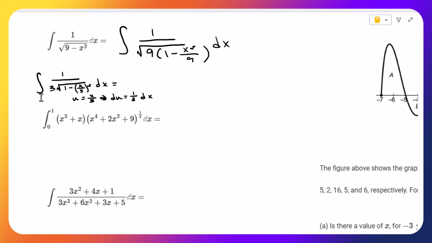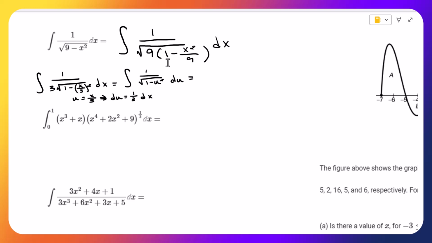Now, while I have a 1/3 right there and I have my dx, I can rewrite this with a u-substitution as the integral of 1 over the square root of 1 minus u squared du. And now we've gotten it to look exactly like our arcsine.